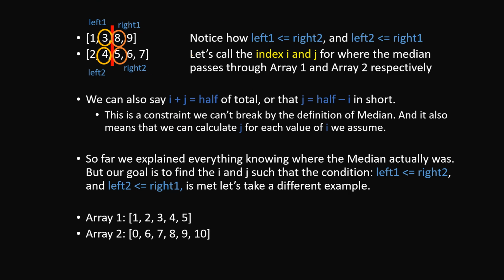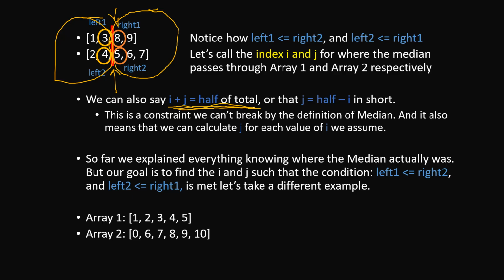Like I said before, the left side should have half the elements of the total combined array, and the right side should have the remaining. That gives us a constraint: i plus j, where i is the index where the red bar crosses array1 and j is the index where the red bar crosses array2, should always be equal to half of the total elements.